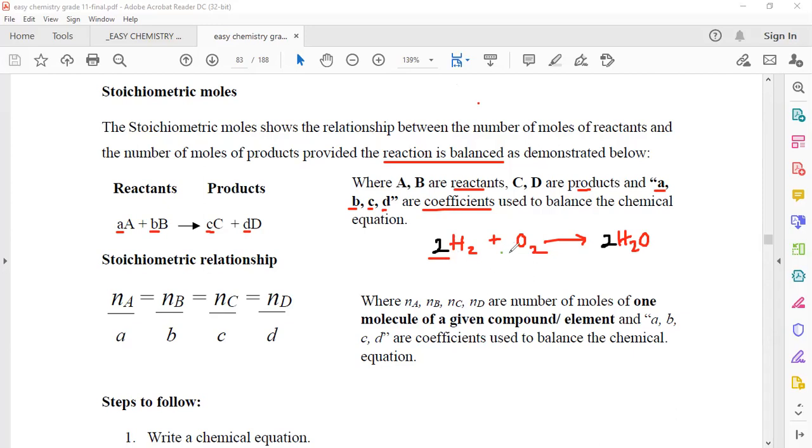If we don't have a number in front, it means that we have a 1.